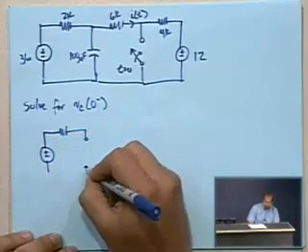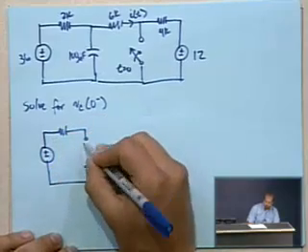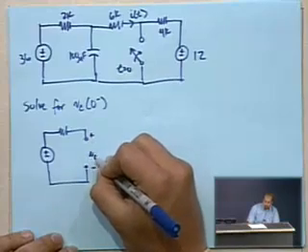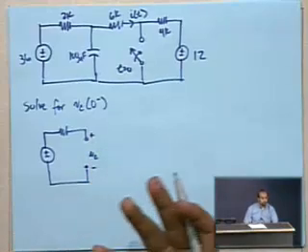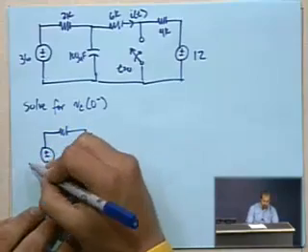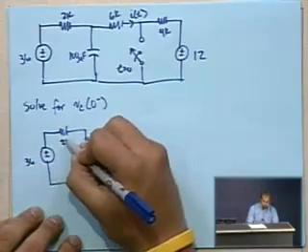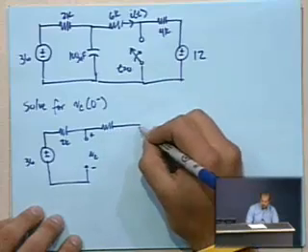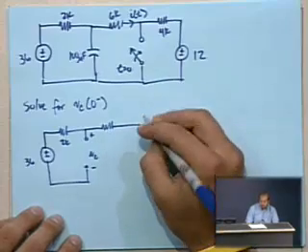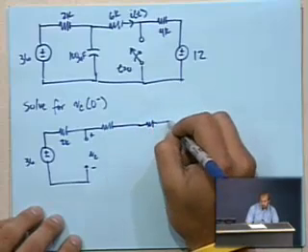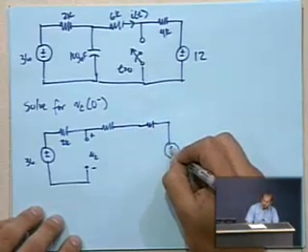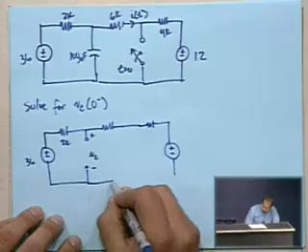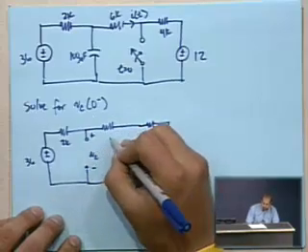Here are the terminals of our capacitor, but the capacitor itself has been open circuited because it's been under DC conditions for long enough. We've got the 6K resistor here. The switch is open, so we can ignore that as well, more or less. Then we've got a 12 volt source. So what do we really have to analyze here?